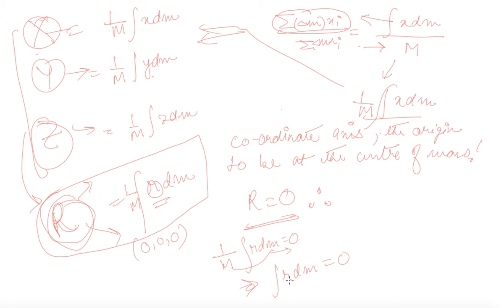And this in turn means that if r dm is equal to 0, then x dm is also equal to 0, y dm is also equal to 0, and z dm is also equal to 0. This is how we can understand, or this is how we can apply this particular formula.